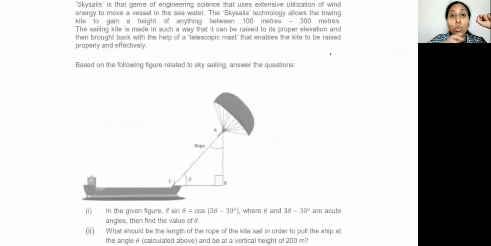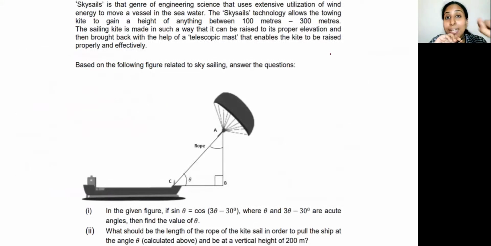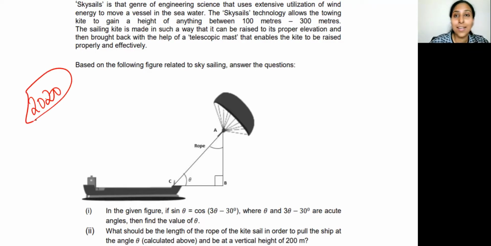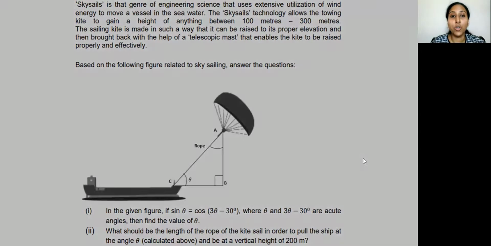In the 2020 sample board paper, this is how the question came. In this, you had a question which was directly taken from the PISA context and modified to fit the concepts which you have learned.